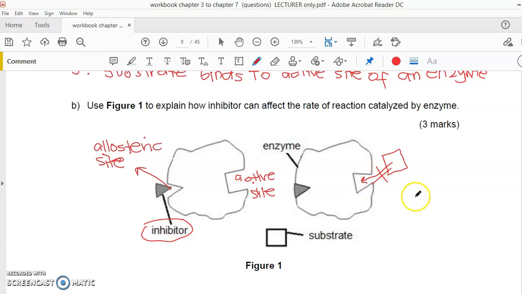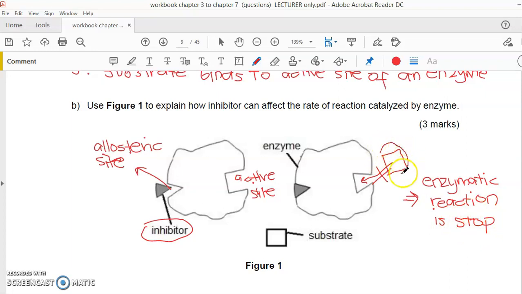Hence, normally, the enzymatic reaction is stopped. Why is it stopped?